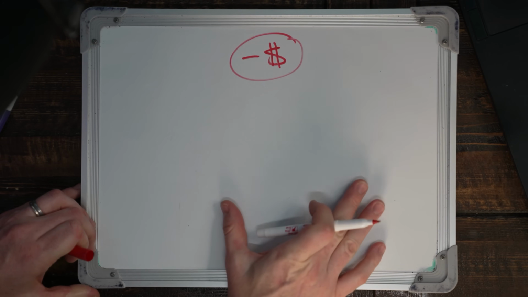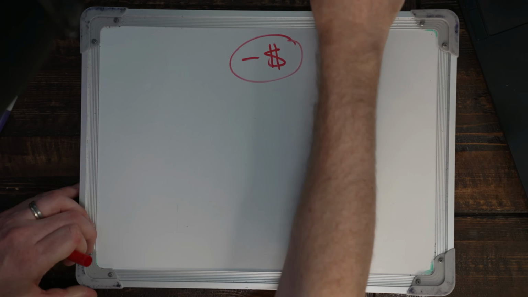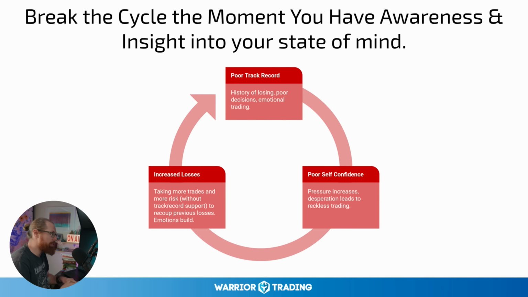So they're really just shooting from the hip. They throw that money into the market, and that creates, as you would imagine, a poor track record. So you begin with a poor track record. What does that lead to? That leads to poor self-confidence. That then leads to increased pressure, desperation, and reckless trading, because now you feel a sense of loss and you want to make back that money.